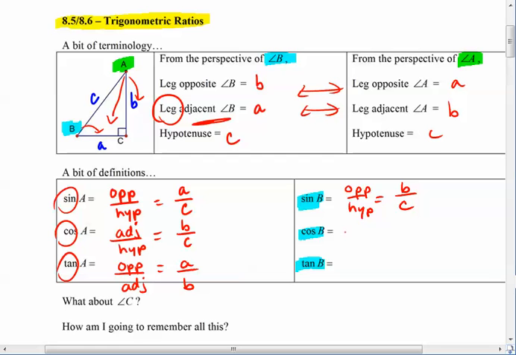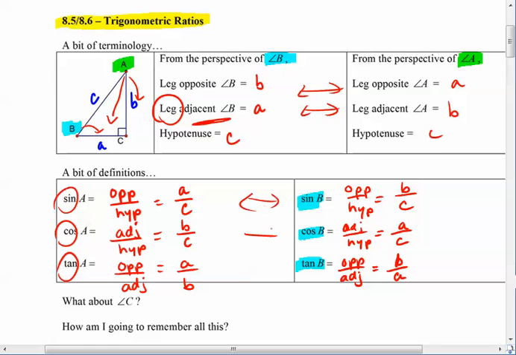The cosine of angle B, that would be adjacent over hypotenuse. Well, adjacent to angle B is side A. And then the tangent is the opposite over the adjacent side. So the tangent of angle B is B over A.